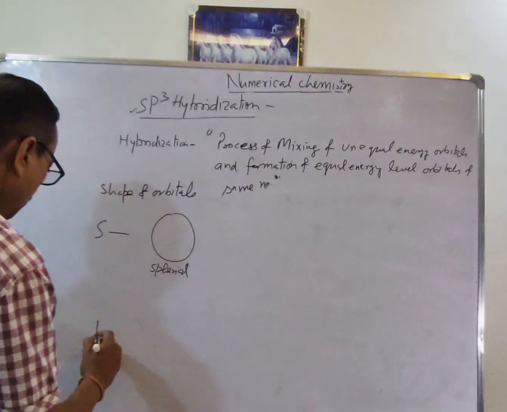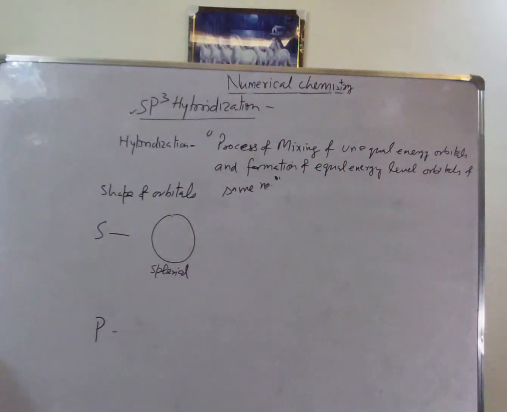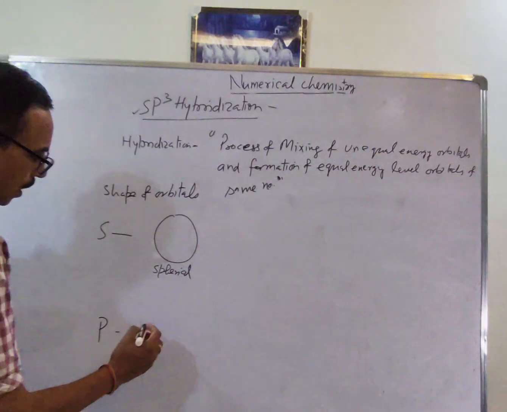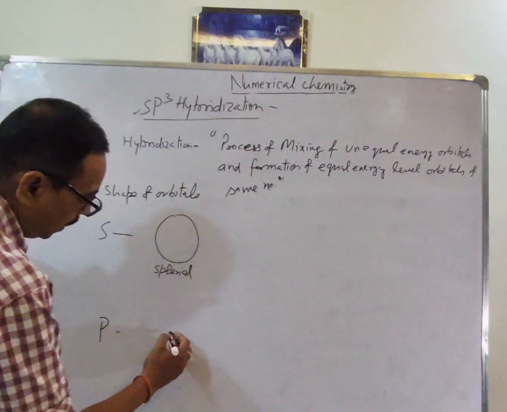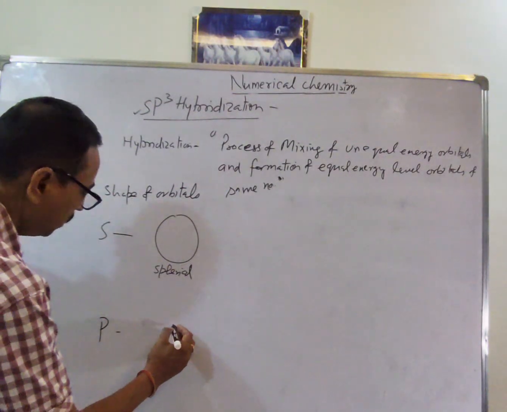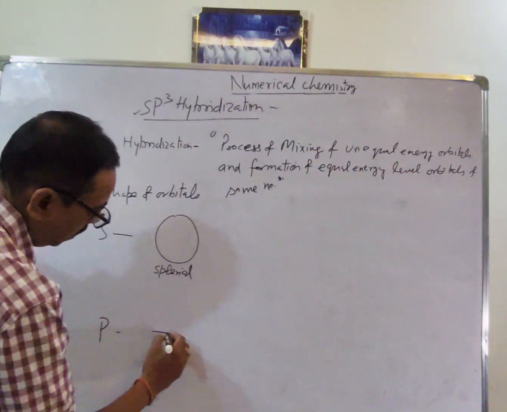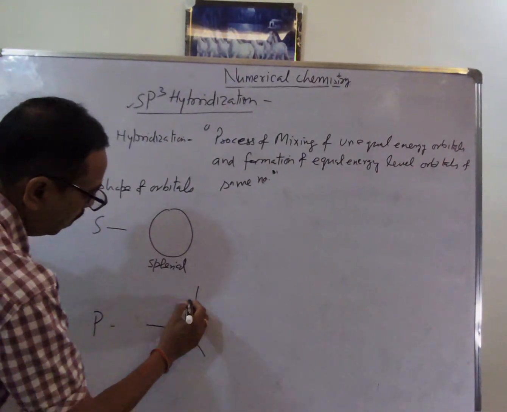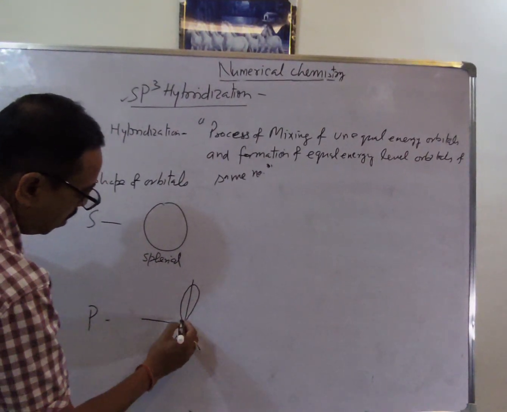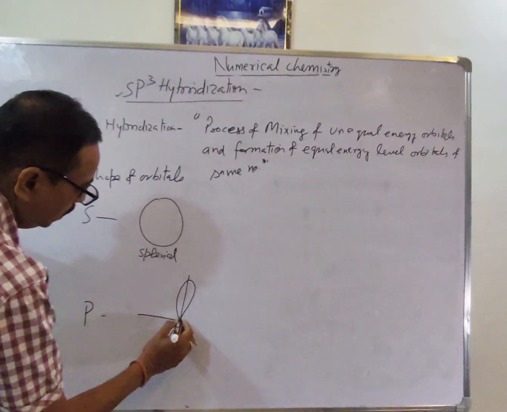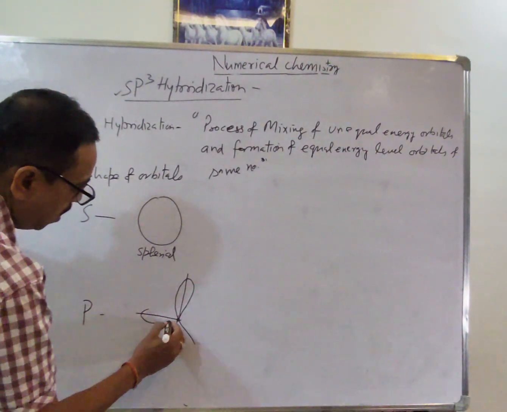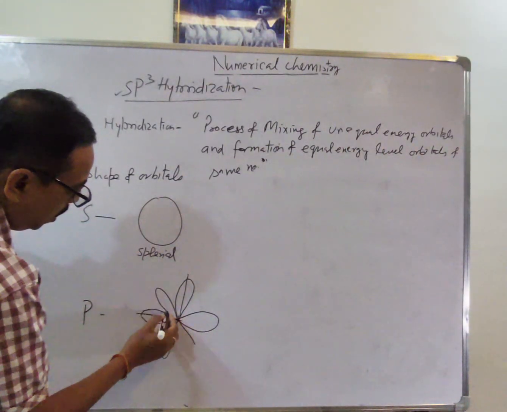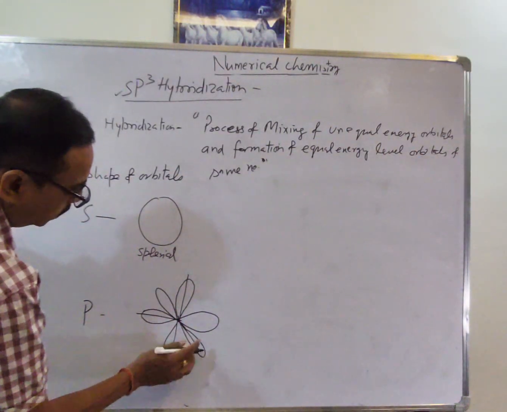Then the p orbital is distorted dumbbell. It lies along the y-axis, along the x-axis, similarly along the z-axis.